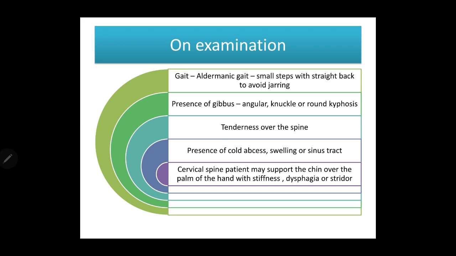Because of the tubercular infection, the vertebrae are unable to take up the load of the skull, and the neck muscles are very thin and not strong enough to take up the load of the skull, unlike your back muscles. Hence the patient gives the support of the hand under the chin just to offload the weight of the skull.